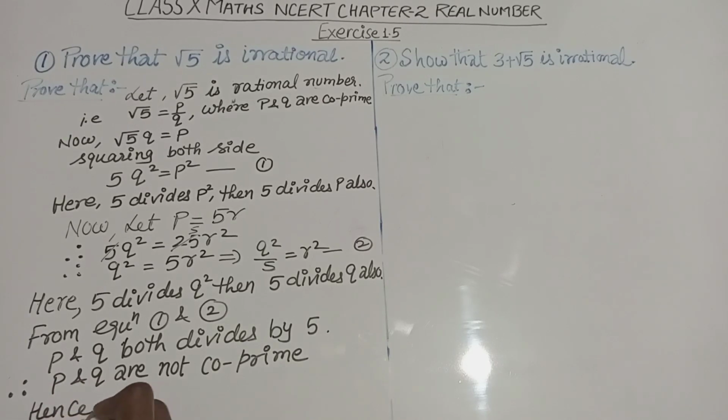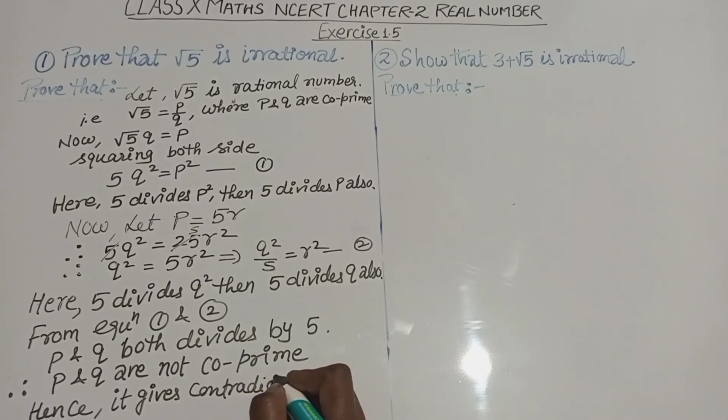Hence it gives a contradiction. Our assumption that root 5 is rational is contradicted.